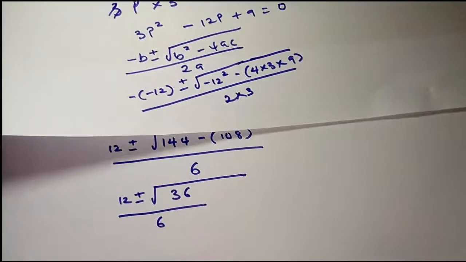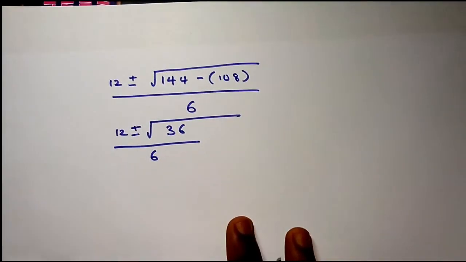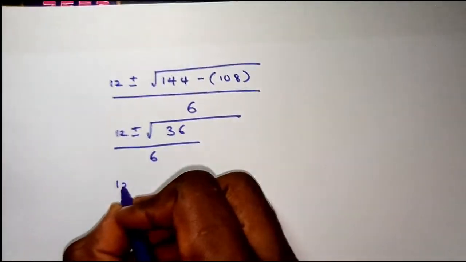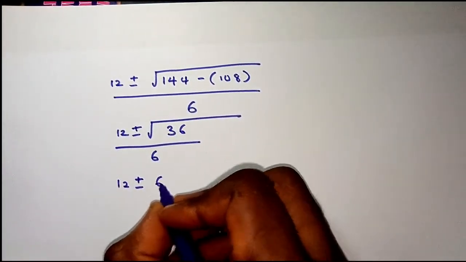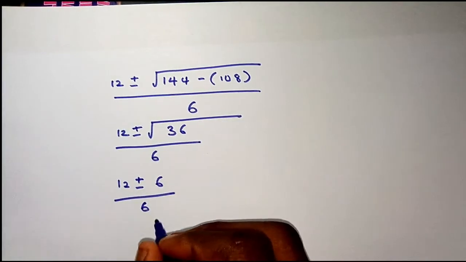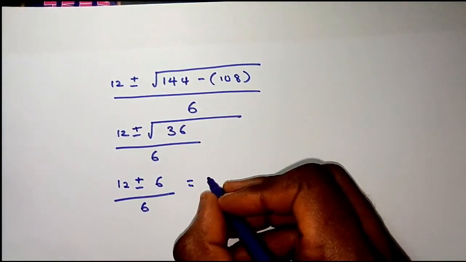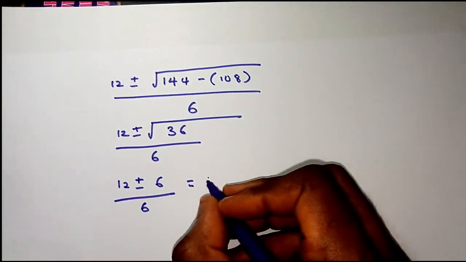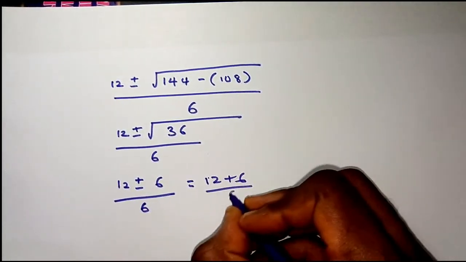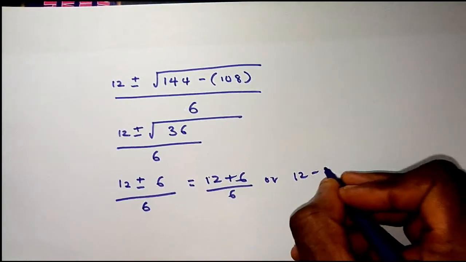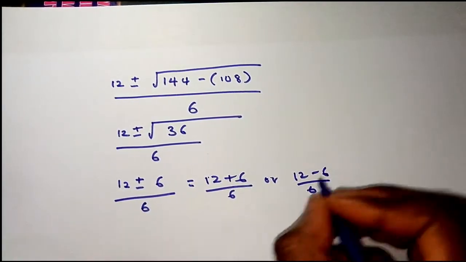The square root of 36 is 6, so bring this up. We have 12 here, plus 6 over 6, or 12 minus 6 over 6.